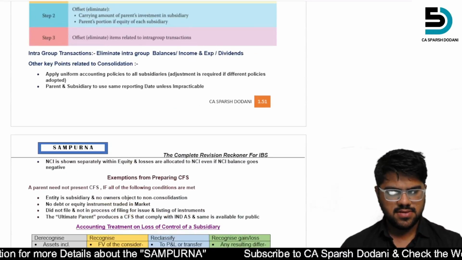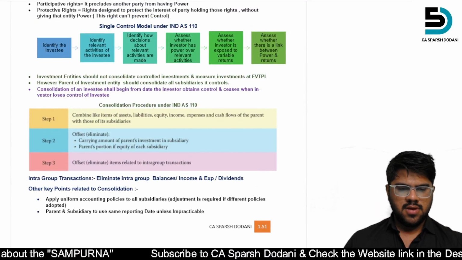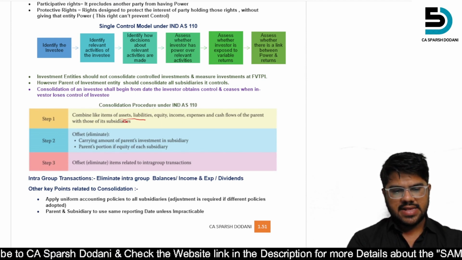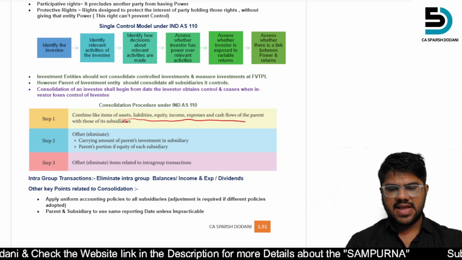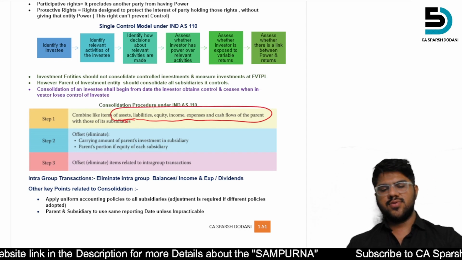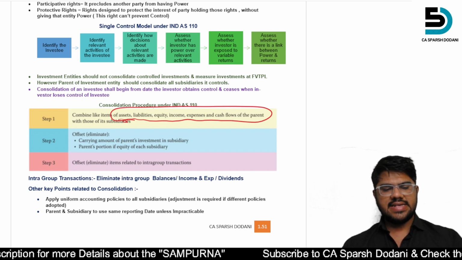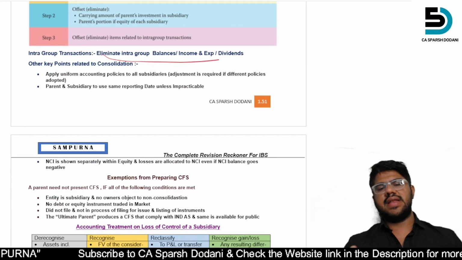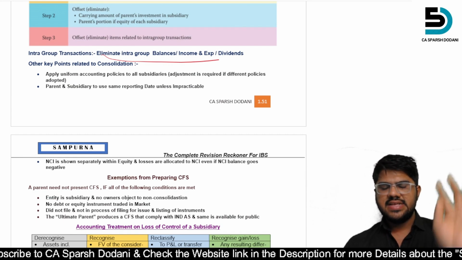Yes, here it is. So consolidation procedure. What are the combined items: assets, liabilities, equity, income, expenses and cash flows. These are all the things that are included in the CFS. Then what are eliminated? Intra-group transaction balances, income, expenses, dividends.